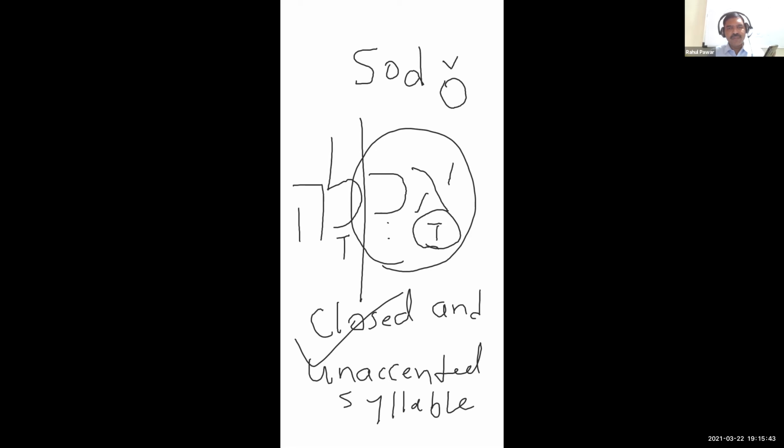So remember, whenever there is a closed and unaccented syllable, instead of komets, it becomes komets hatuf. Komets hatuf is a short vowel. It is not a long vowel, whereas komets is a long vowel. Komets hatuf is a short vowel and it gives a short O sound.